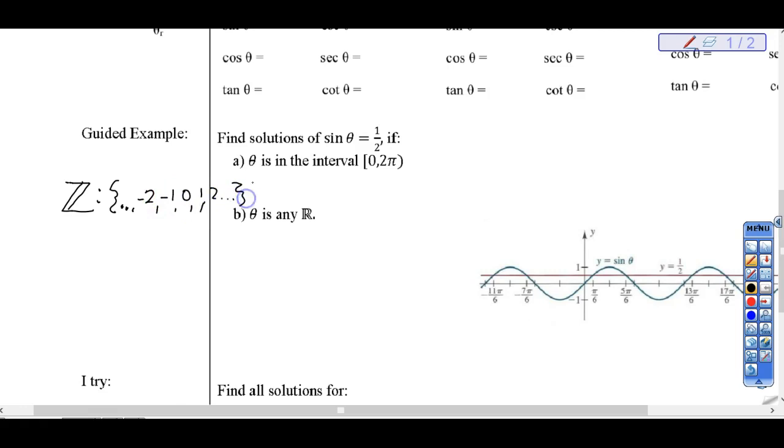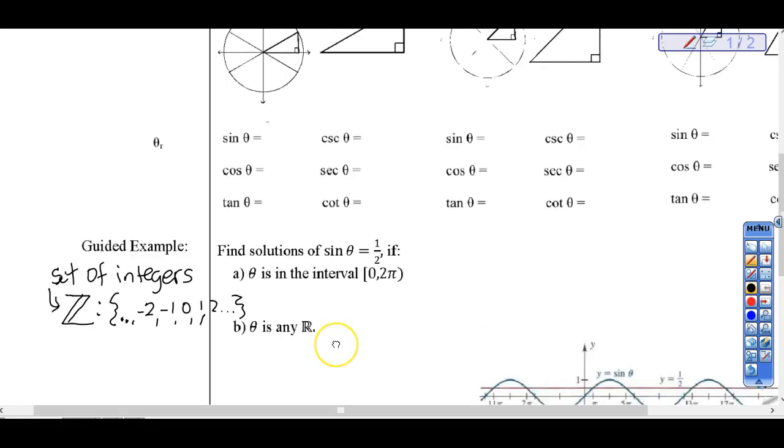So you will see me use that Z. We're going to start writing things in calculus notation. So you could write the set of integers. That's what that Z represents. Let's start adjusting to that notation.